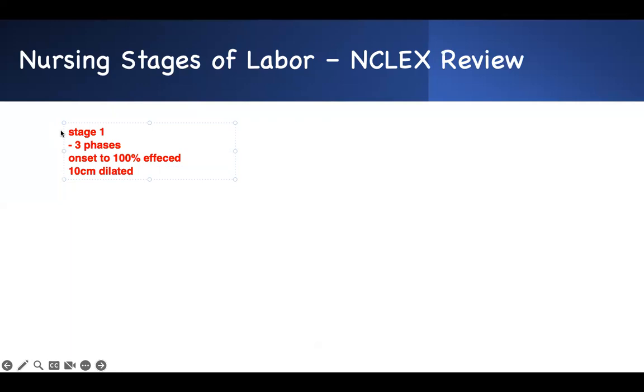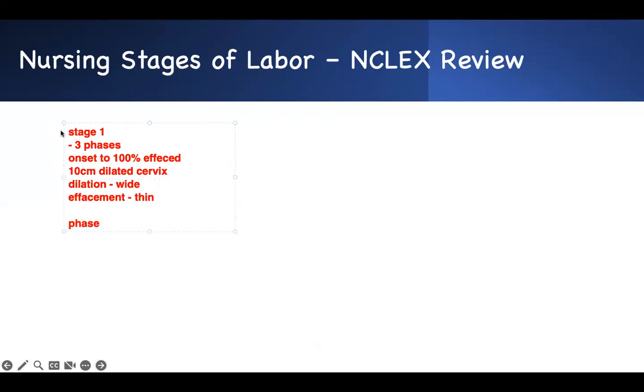When you finish stage one, you have to have effacement of the cervix and dilation to 10 centimeters, right? So that's the key. What is dilation? The vaginal canal becomes wider, and the effacement, the cervix becomes very thin, like a paper.